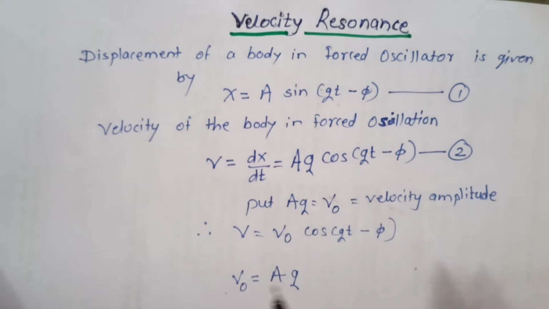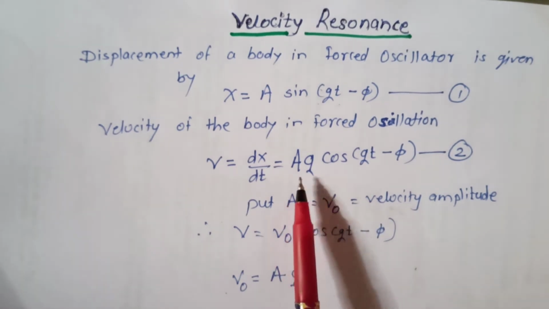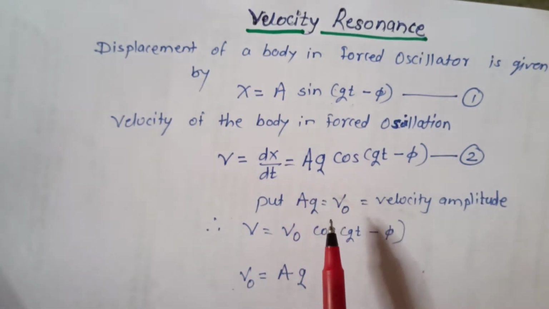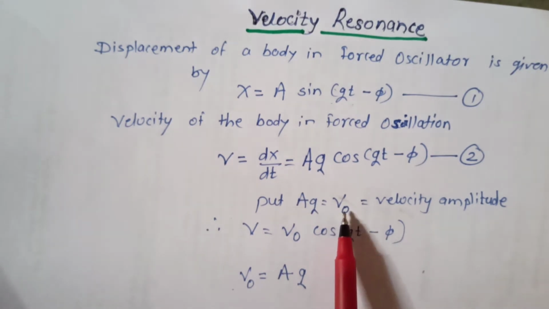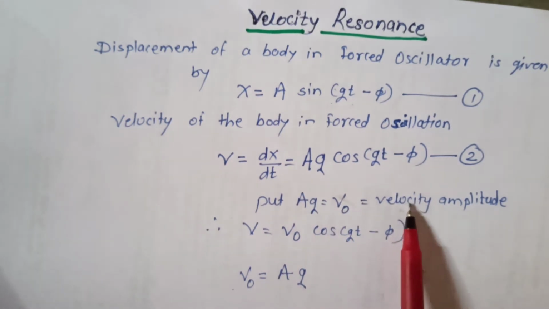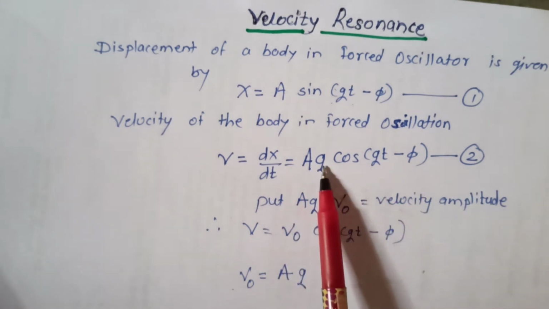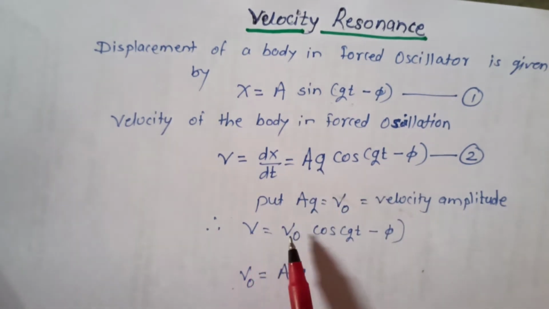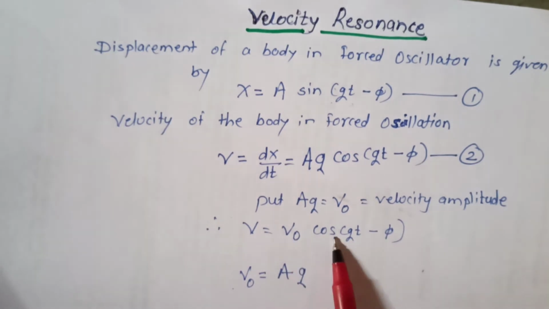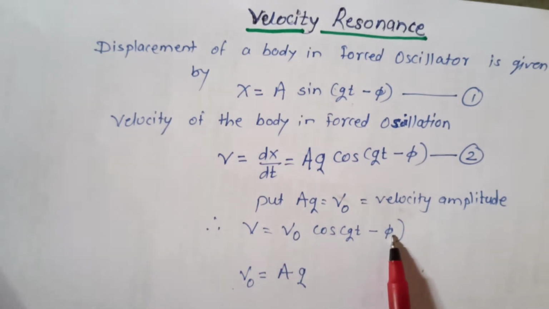Put aq is equal to v0, where v0 is the velocity amplitude. Therefore, equation 2 becomes v is equal to v0 cos(qt minus phi).